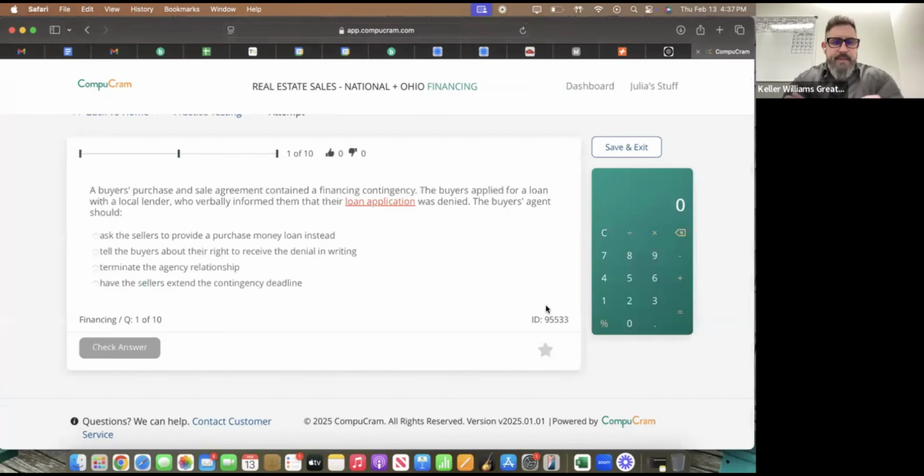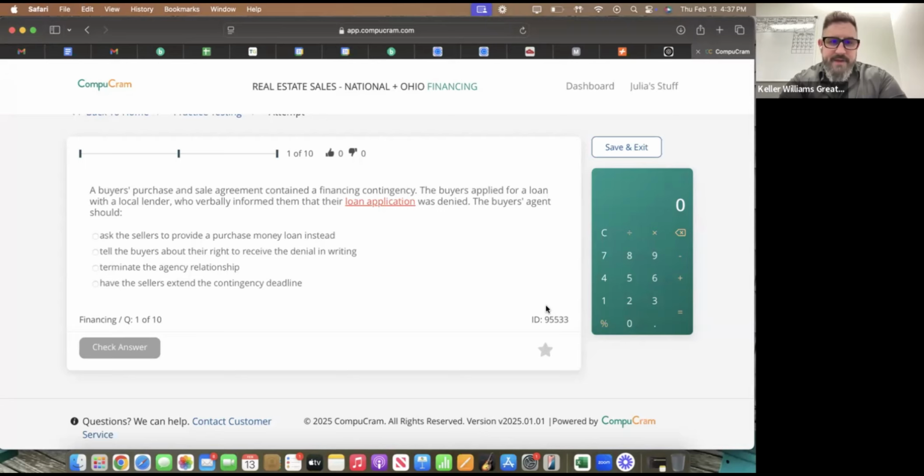Question number 1. A buyer's purchase and sale agreement contains a finance contingency. The buyers applied for a loan with a local lender who verbally informed them that their loan application was denied. The buyer's agent should A, ask the sellers to provide a purchase money loan instead.